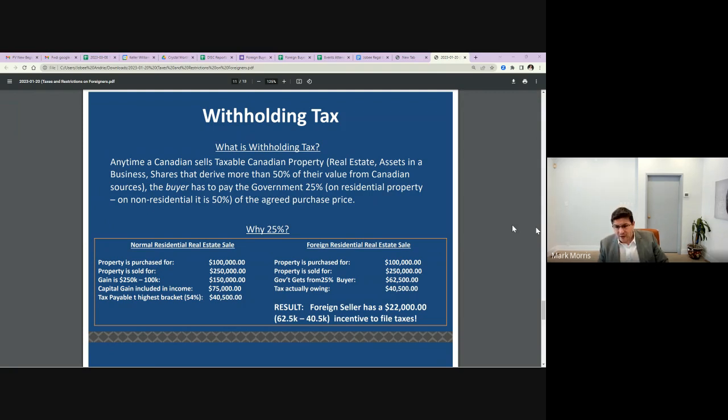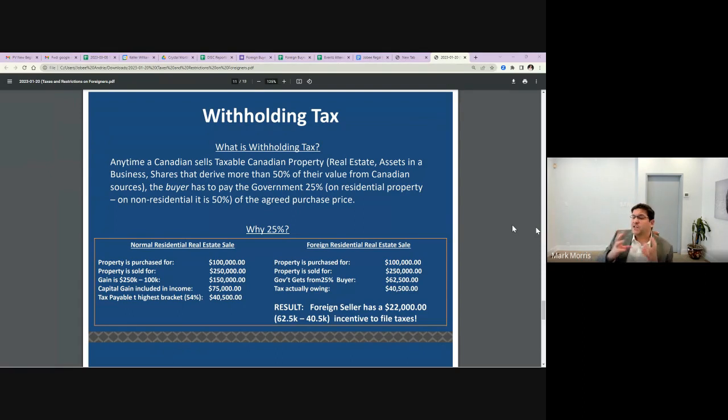But if you check title and you see that the registered mortgage amounts are nearing 75% of the actual price that you're going to be paying after you account for commission, then you should pause and you should determine for sure that they are a resident of Canada. Because if someone needs to withhold the 25%, we may not have enough money to clear title. Does that make sense?